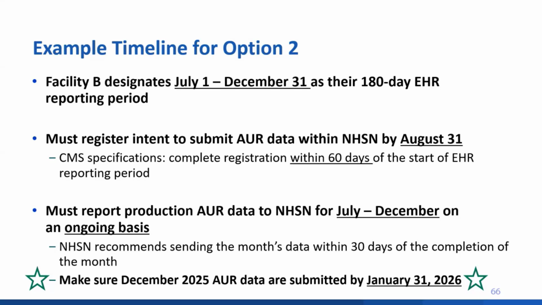Throughout the reporting period, Facility B must report production AU and/or AR data to NHSN on an ongoing basis. NHSN recommends submitting the data for each month within 30 days of the month's completion. Finally, ensure that the December 2025 AUR data is submitted by January 31st, 2026.